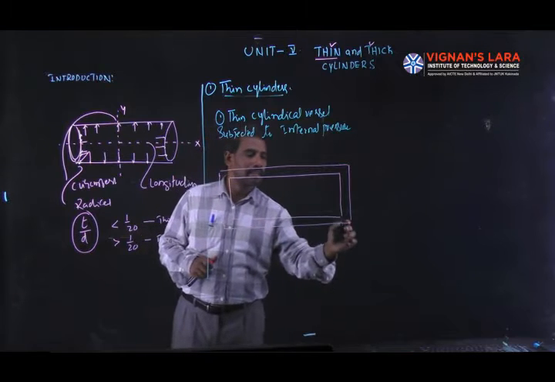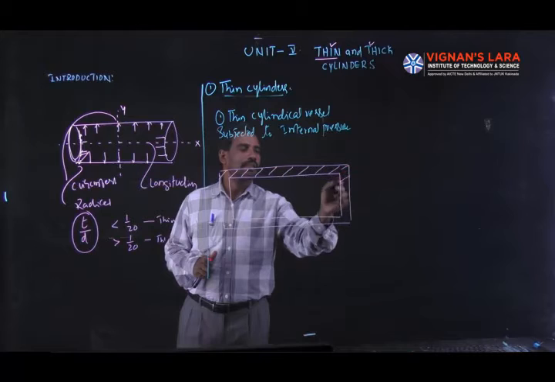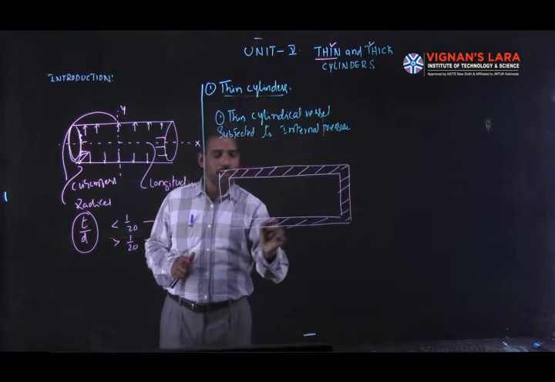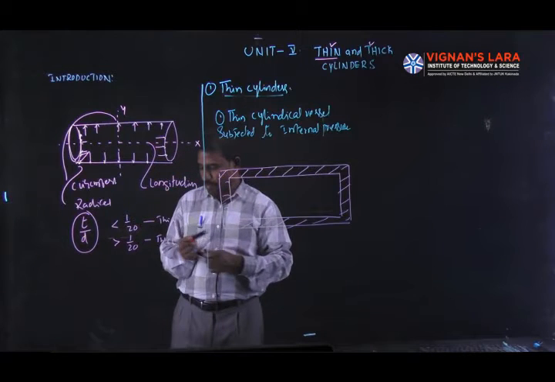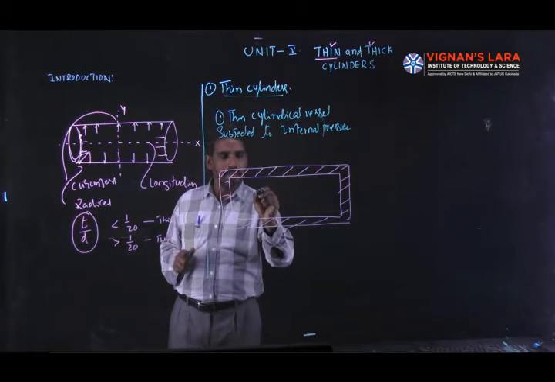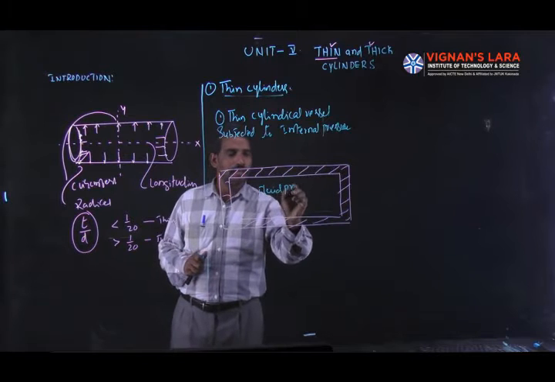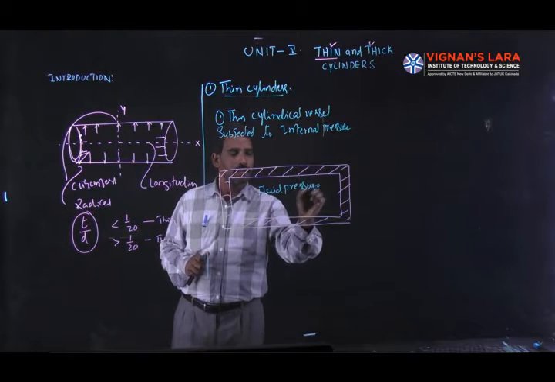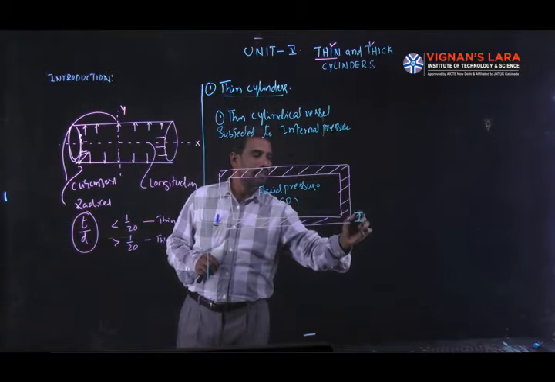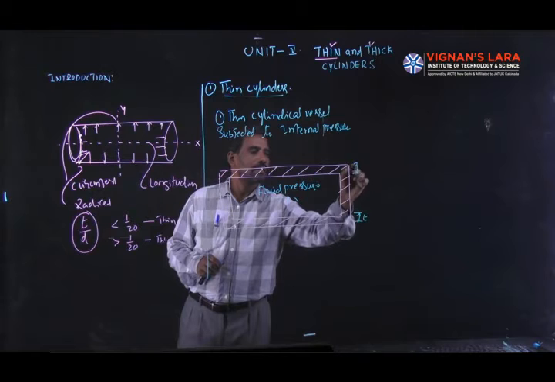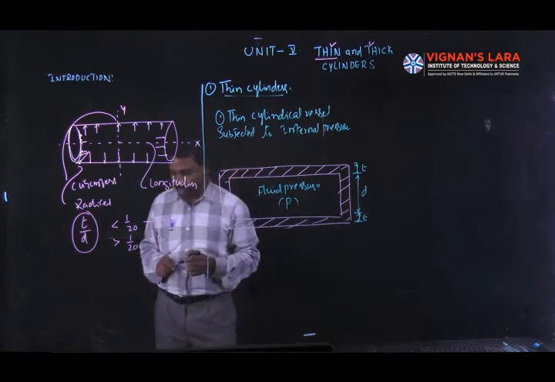Here the thickness is represented with a hatched portion, that is T. There is a fluid pressure P exerted on the walls. This is the thickness of the cylinder, T. The internal diameter of the cylinder is D.